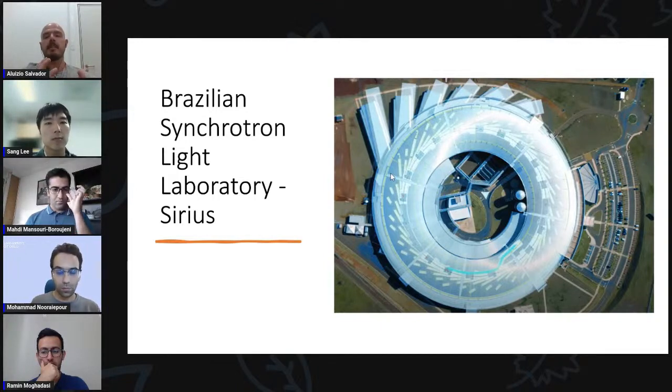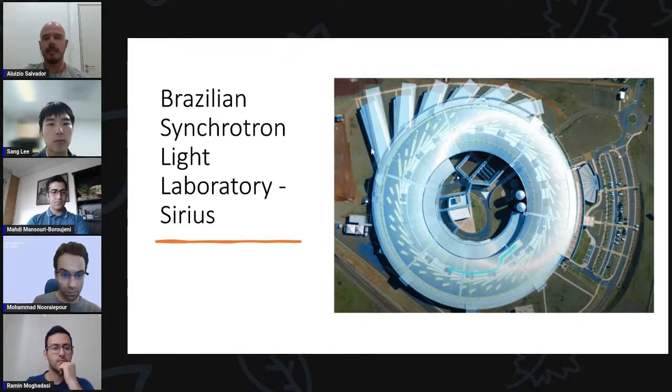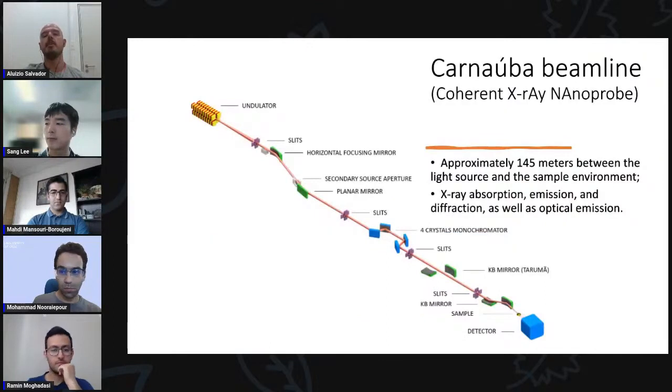The advantage of using synchrotron light is the high flux. We can make images of small parts of a structure with higher resolution. This is the largest beamline of Sirius. It's called the Carnaúba, which I'm going to introduce now. It has approximately 145 meters between the source, where the synchrotron light comes from the ring, and the experimental station, where the sample is analyzed.